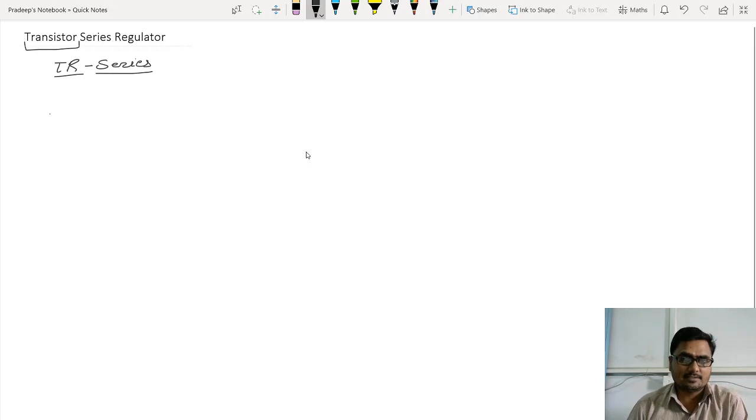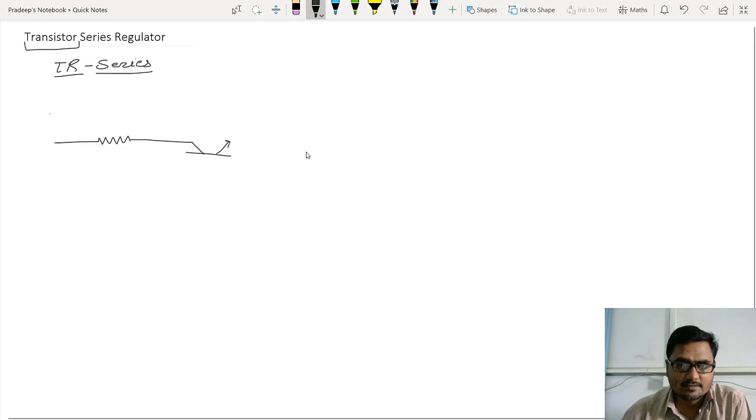So let us start with the circuit diagram. I'm drawing the circuit diagram. From the input side, let me draw a resistor, and now look at this. I'm drawing a transistor which is in series with the load resistor, and this is the base of the transistor.